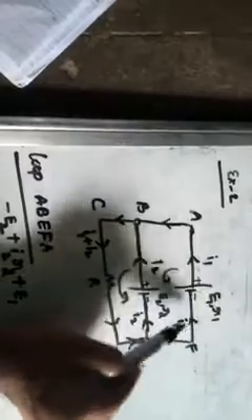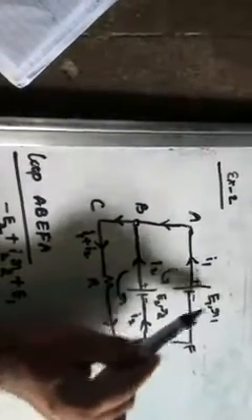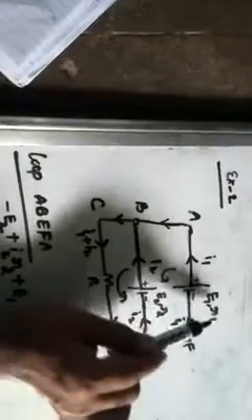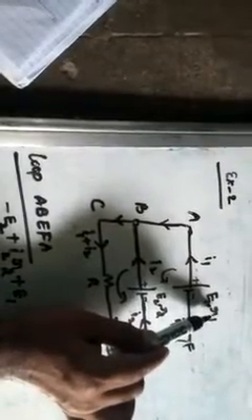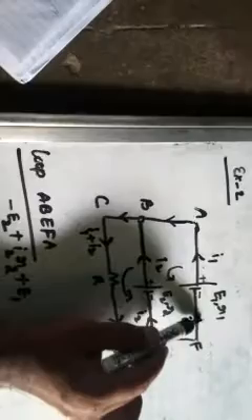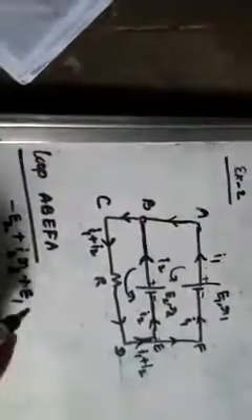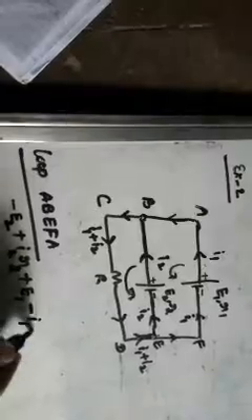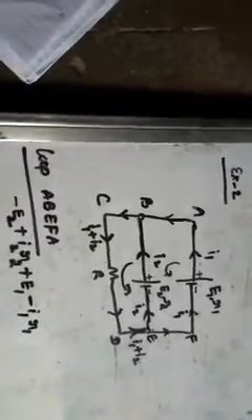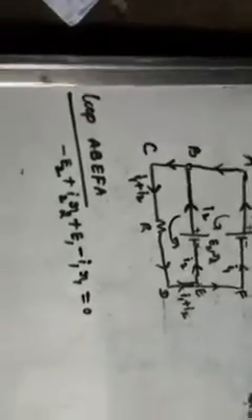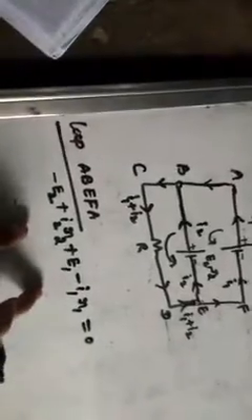Then you can apply the V equal to IR formula, but since loop direction and current direction are the same, the potential difference will be negative. So minus I1 R1, which is equal to 0. Try to write the equation like this.